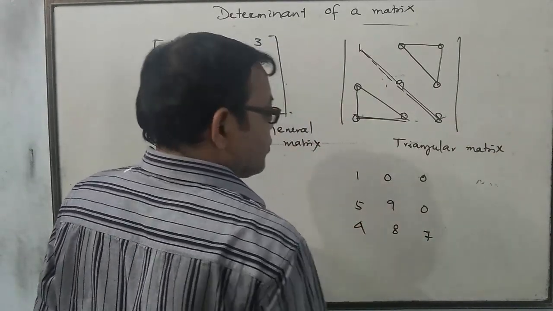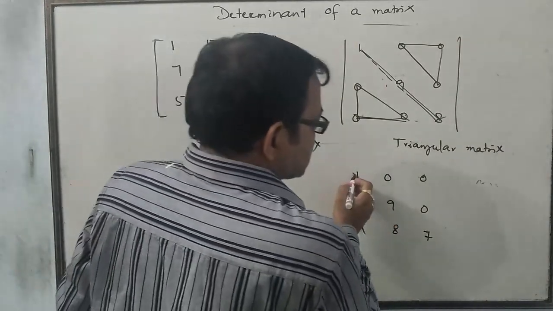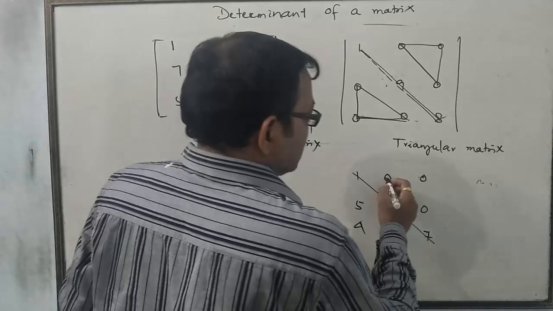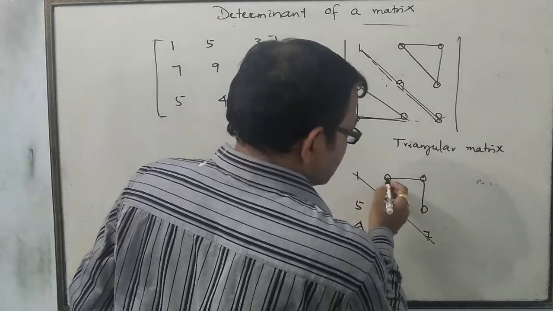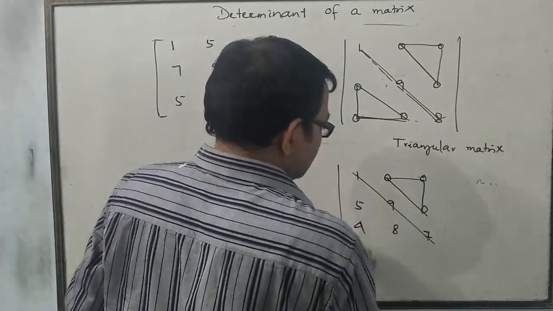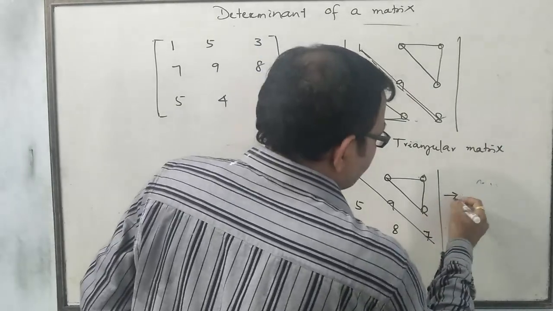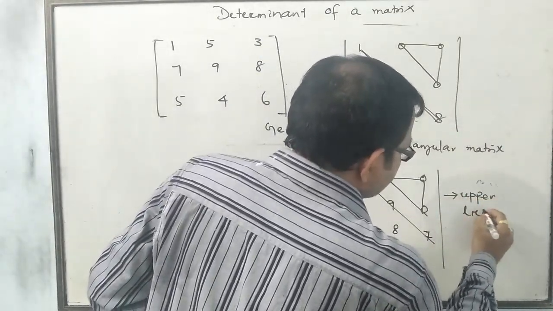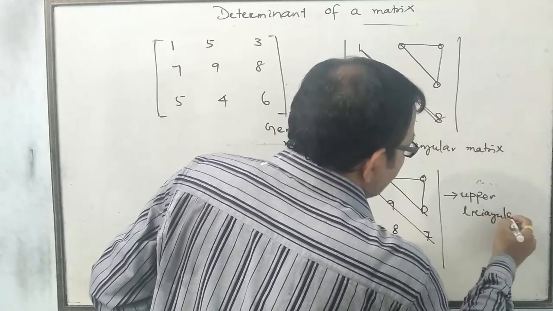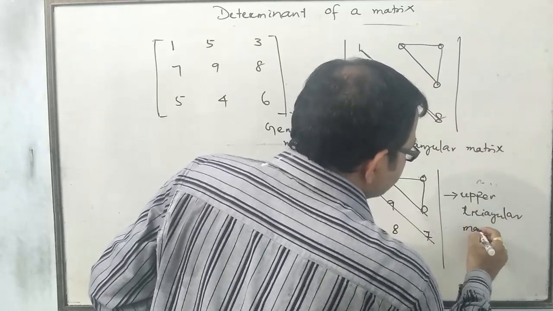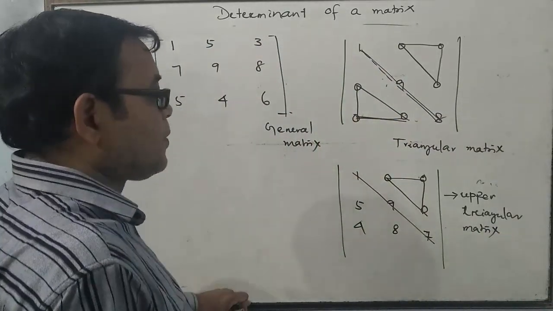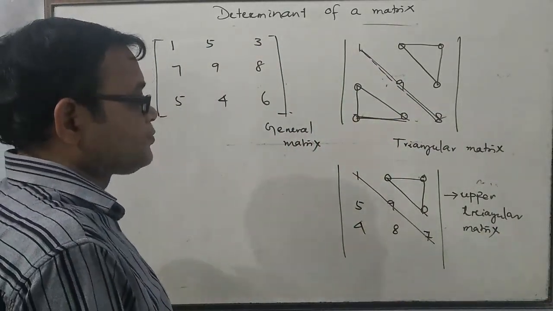This is your leading diagonal, and if the entries below form a triangle of zeros, such a matrix is called an upper triangular matrix.